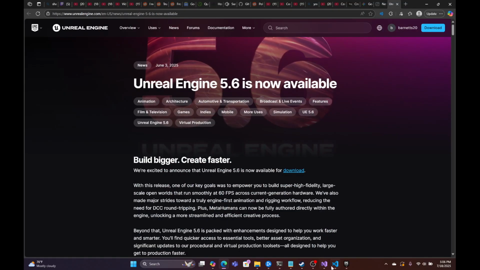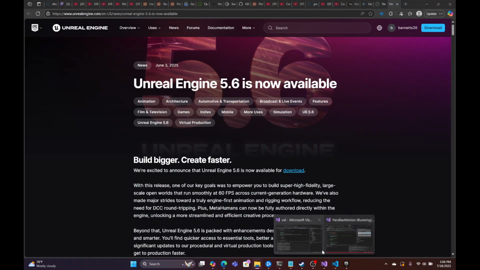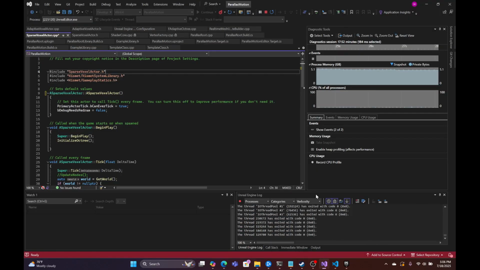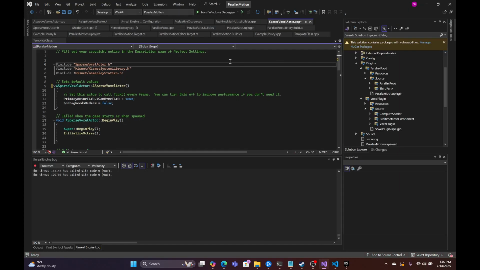All good, dude. Why is this still running? I'm surprised. The engine crashed, but the debug session didn't?